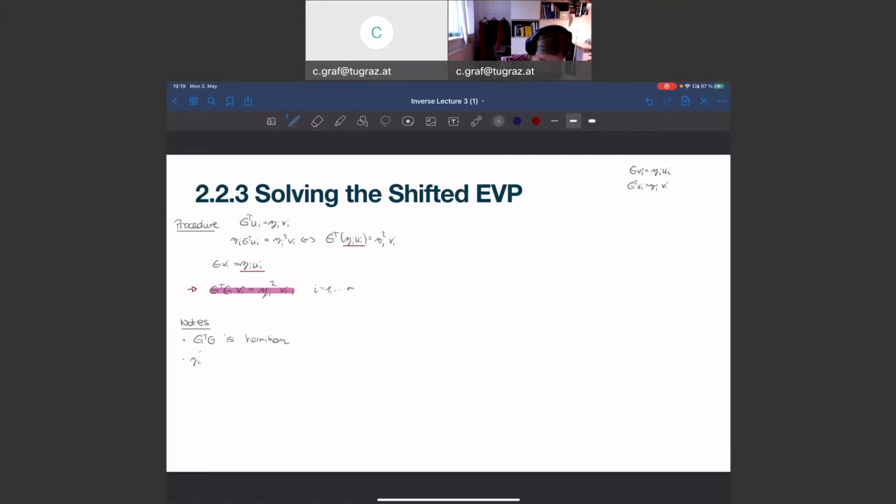So the eta i squared are real. And therefore, they're not only real, but they're greater or equal than 0. And T transposed T is positive semi-definite.